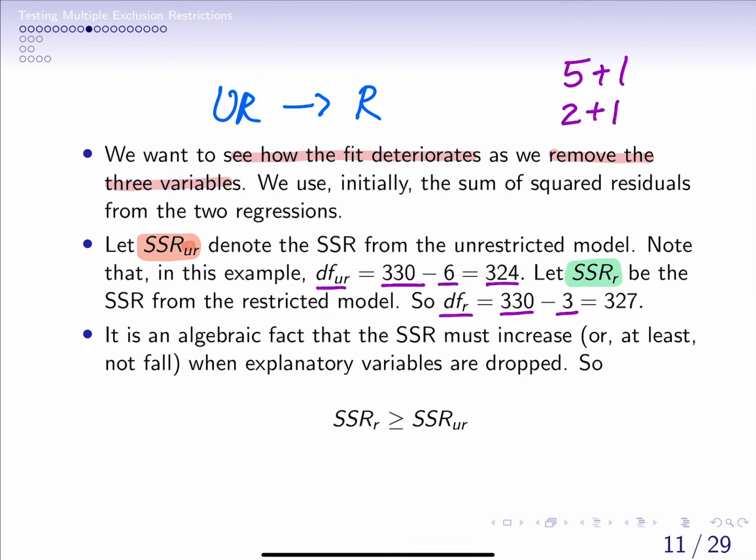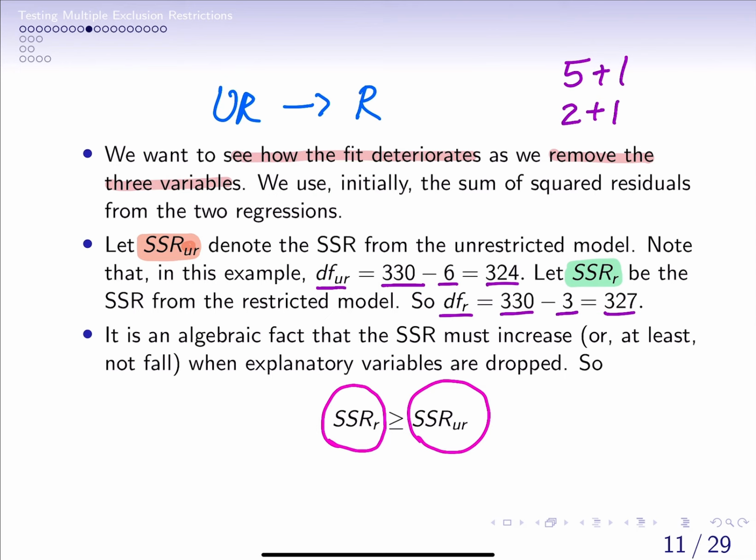Now, our intuition tells us that when we compare the sum of squared residuals from our restricted model to the sum of squared residuals from our unrestricted model, there is an inequality that will hold. As we add more variables to the right hand side of our regression, the sum of squared residuals typically drops, and that's why you have this inequality. So then what are we doing once we have these two regressions set up?